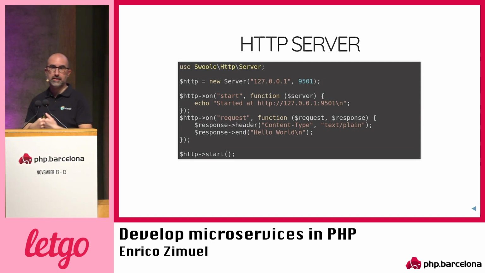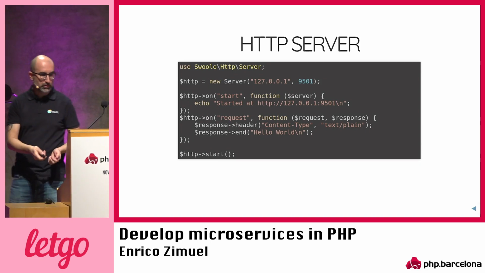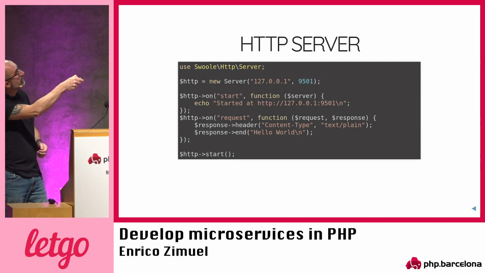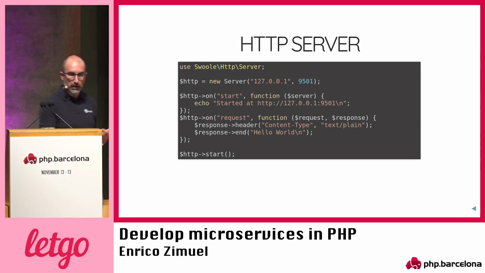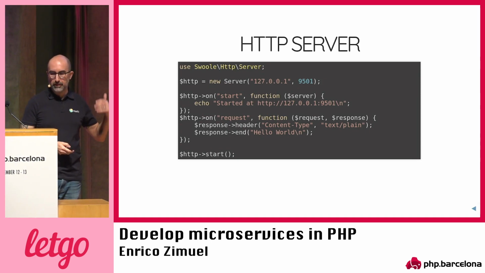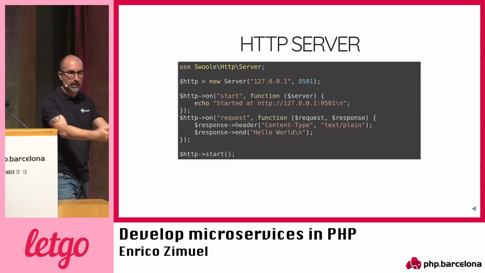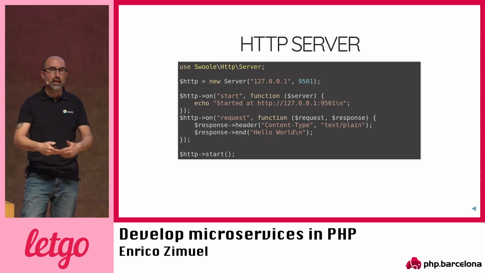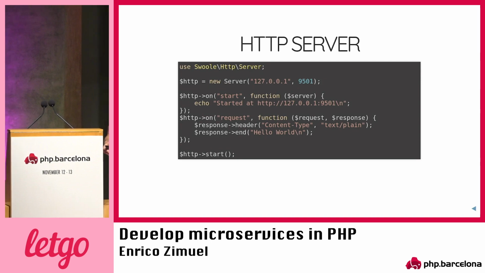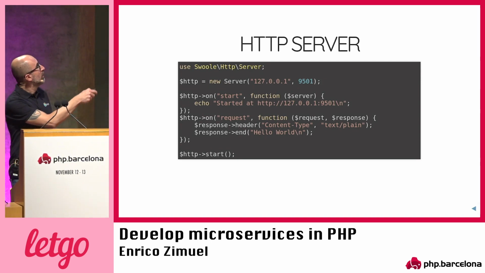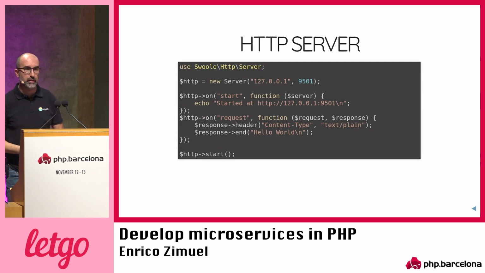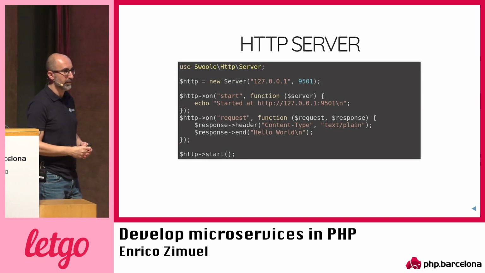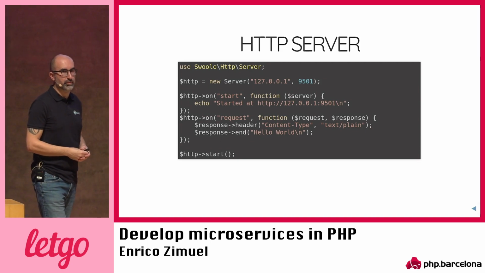So if someone sends you an HTTP request to that IP address with that port number, this is the function that we execute. And as you can see, we are using objects, $response header, $response end. So we are just putting a header in the HTTP response and writing down the body. That's it. When you have a start here, basically Swoole will execute this in memory. And you have a real HTTP server running in a few lines of PHP code.